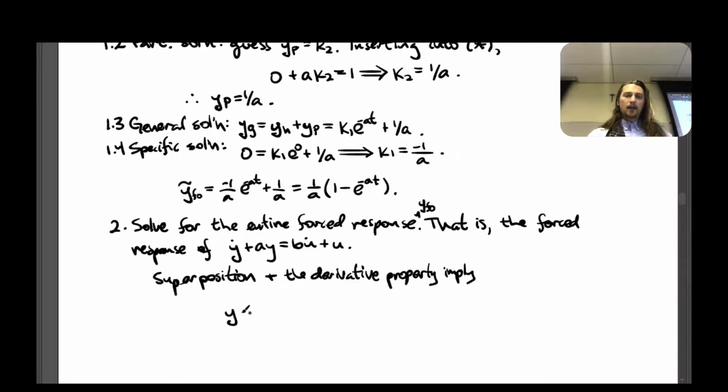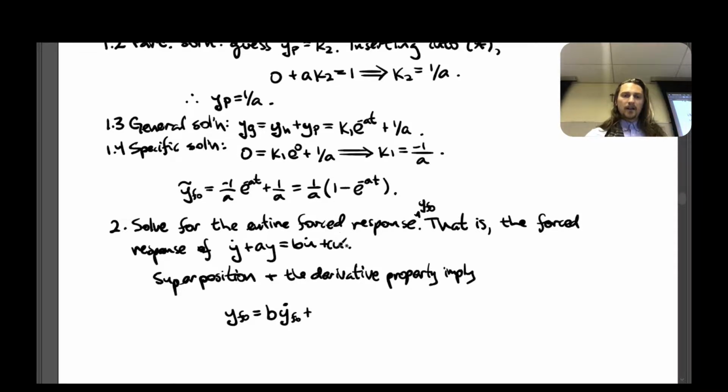So YFO equals, we have this linear combination here, B times YFO dot, which follows this B times U dot. So we differentiated the input, we multiplied it by B, so we differentiate the output, we multiply it by B, plus, this was a CU, right?